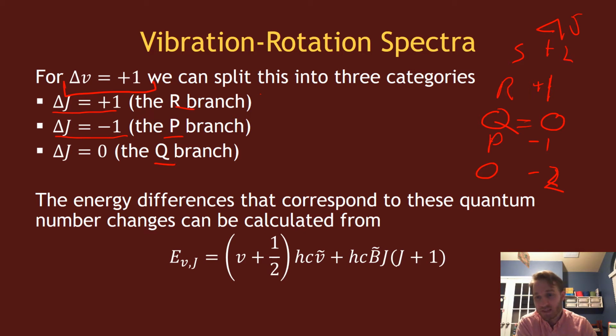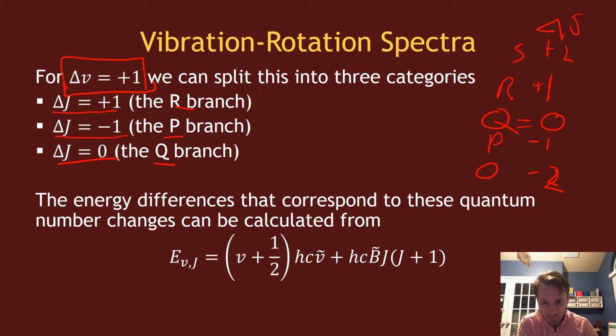As you go down the alphabet, P is -1, O is -2. This is just a convenient way, and when we talk about Raman rotational spectra, I'll talk about this again, to remember what the P, Q, and R branches refer to in terms of the change in the rotational quantum number. The vibrational quantum number is just +1 in all three cases.